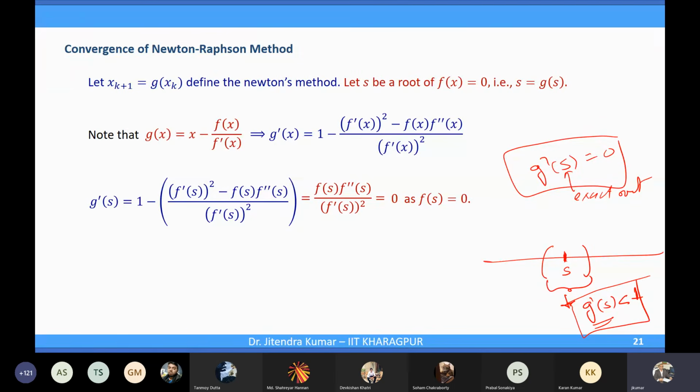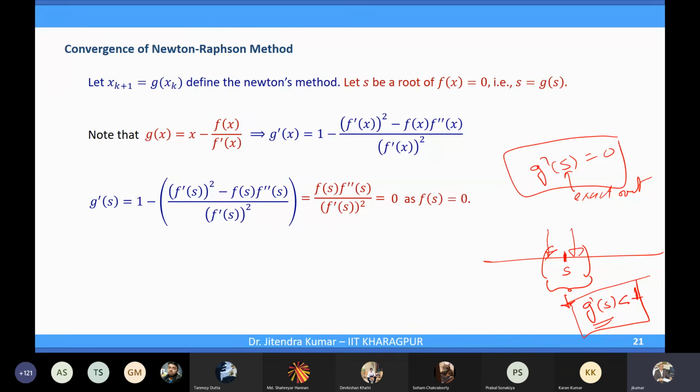So I'm coming to the sufficient condition of the fixed point iteration method. If the approximation you start with is from this interval around s, then definitely your iteration scheme will converge, because the sufficient condition is satisfied.